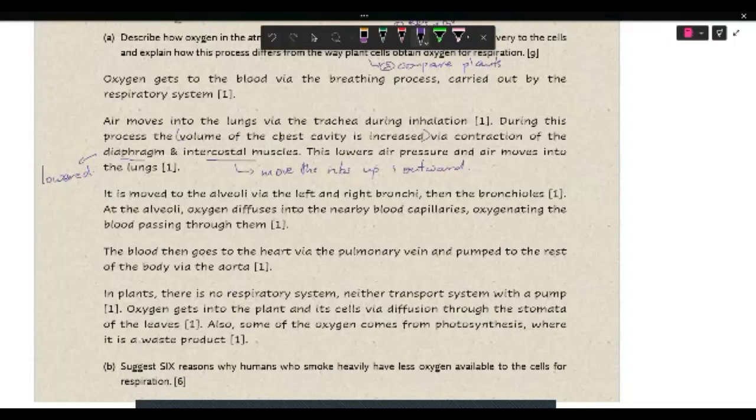There's the contraction of the diaphragm, which lowers the diaphragm. Intercostal muscles, that contraction moves the ribs up and outward. This would increase the volume of the chest cavity. And with lowering the air pressure, you can also indicate that the air pressure is now lower than the surrounding atmosphere, right?